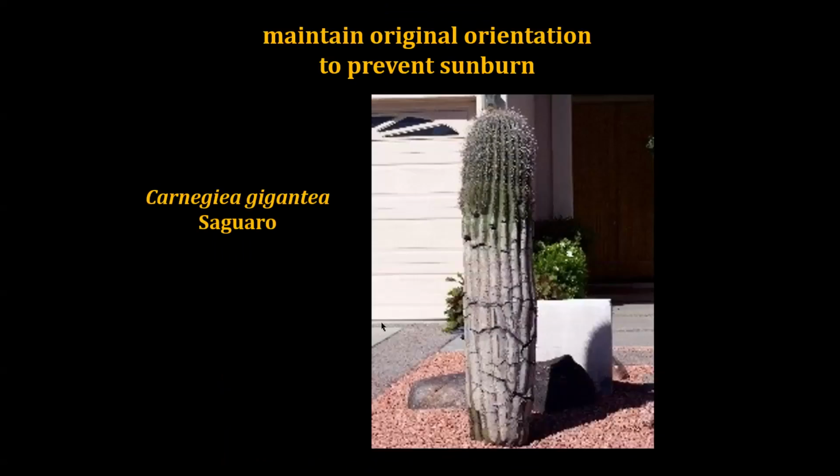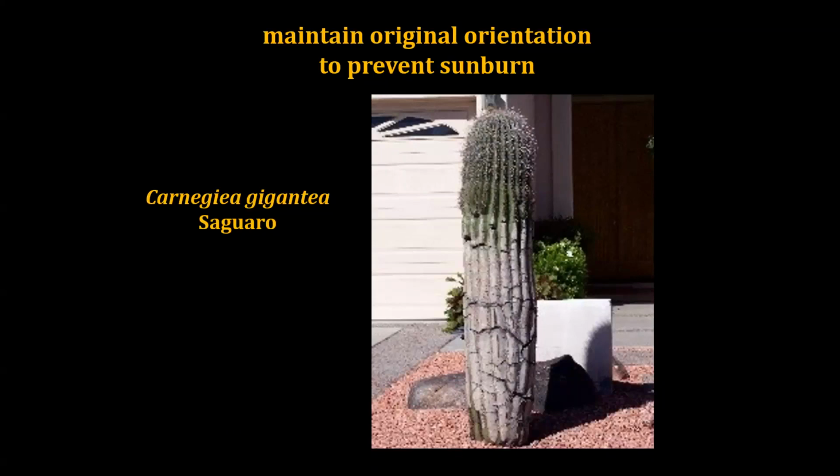When we're planting our succulents, especially agaves, cacti, things like this, we want to maintain the orientation that they've had as they were growing and developing before we were ready to plant them. The tissues will develop a little bit differently on the east side versus the west side, as an example.